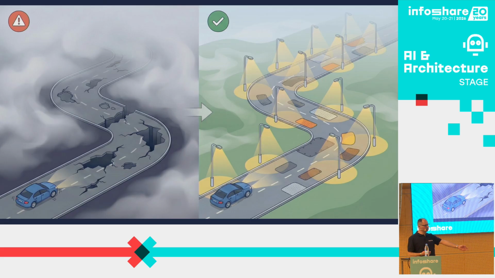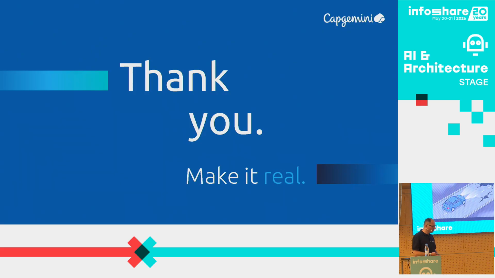And this was looking like the left side of the picture, right? You have your car going through some earthquake and you fall into the hole. Certainly it will take a long time to dig it out, right? And if you put the integration tests, whether they are deterministic or not, into your pipelines as CI/CD and so on, it's not only that you don't have those holes, but you have the light, and it tells you in numbers if you are getting better and how. Thank you very much.